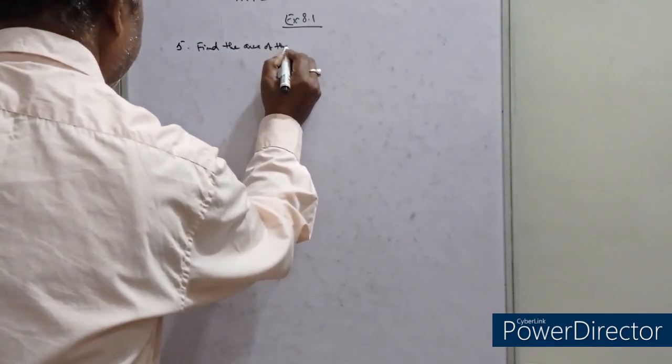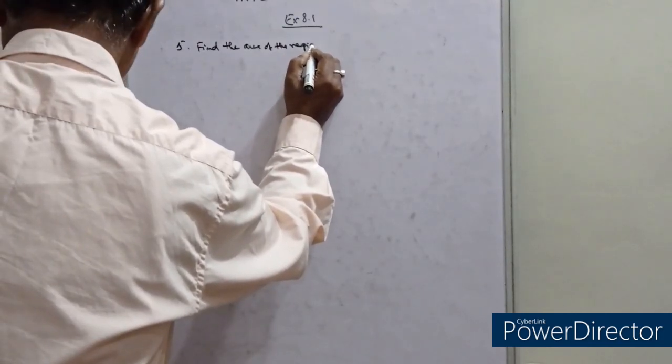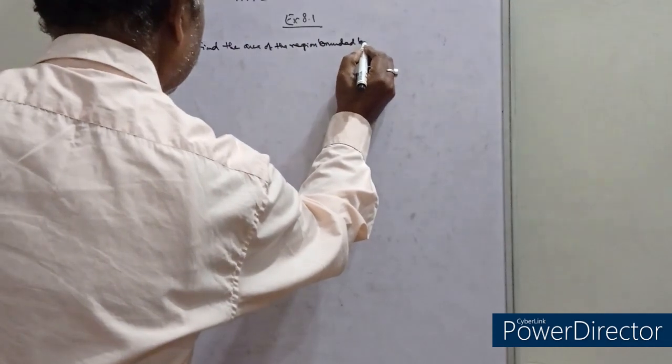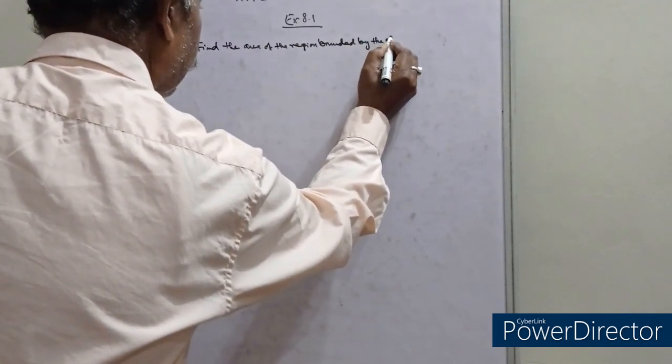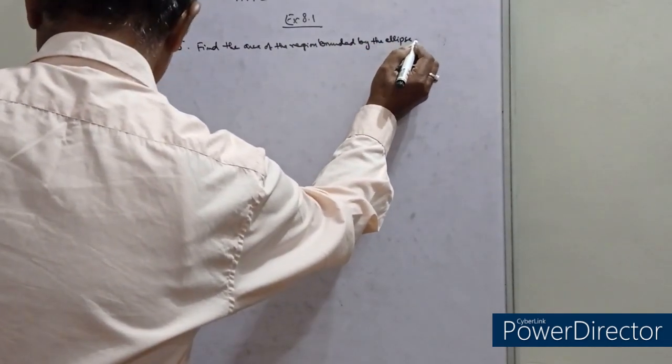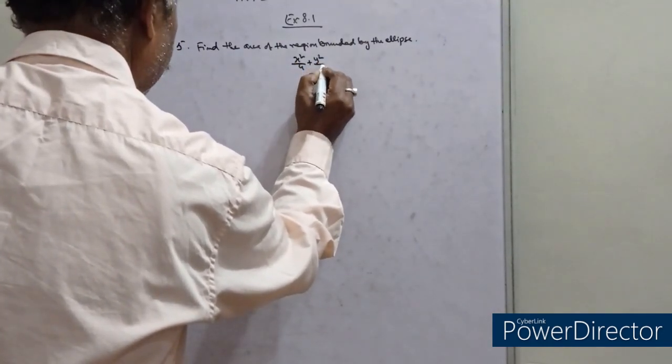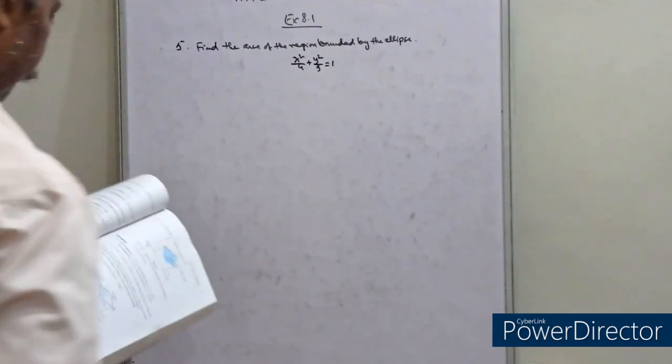So question number 5 is: find the area of the region bounded by the ellipse x square by 4 plus y square by 9 equal to 1.